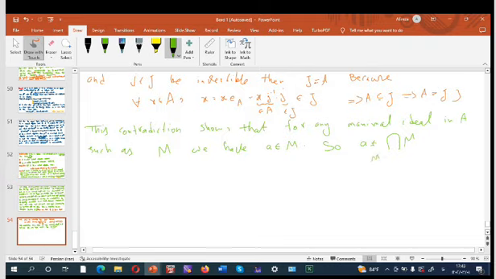M is a maximal ideal, okay, and this is our radical space.